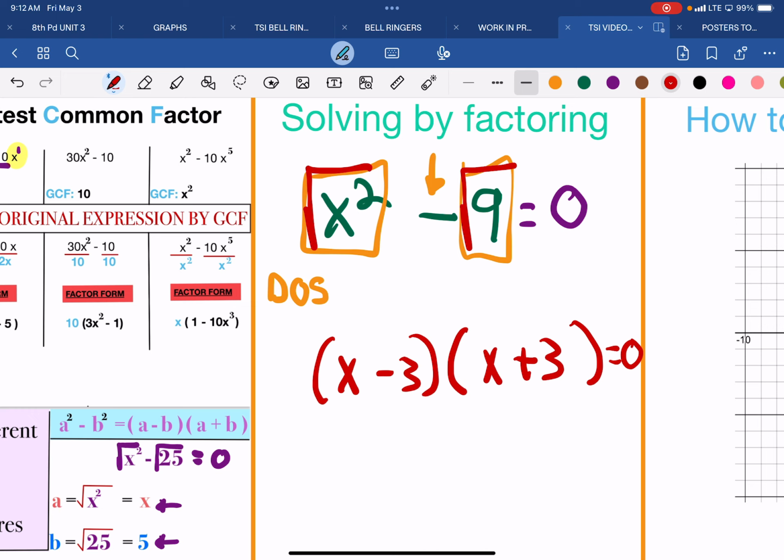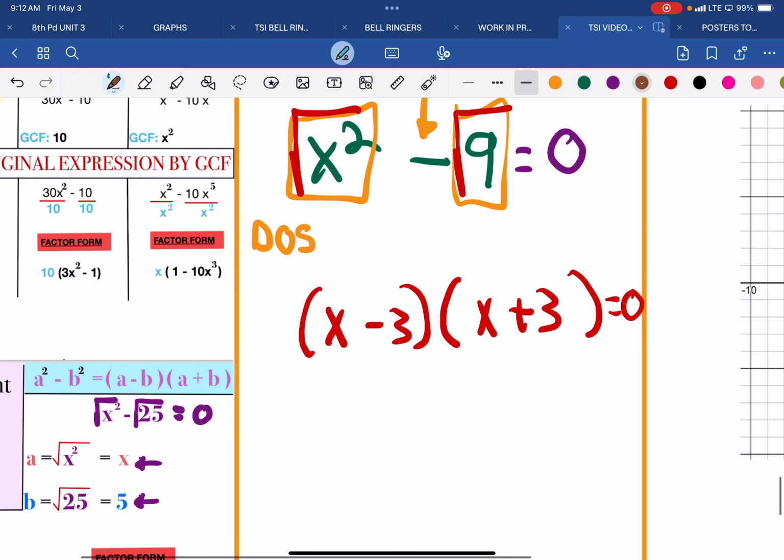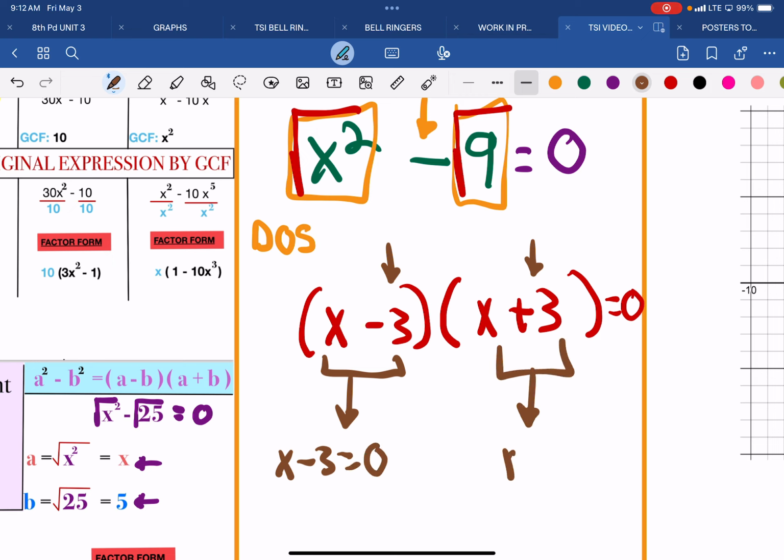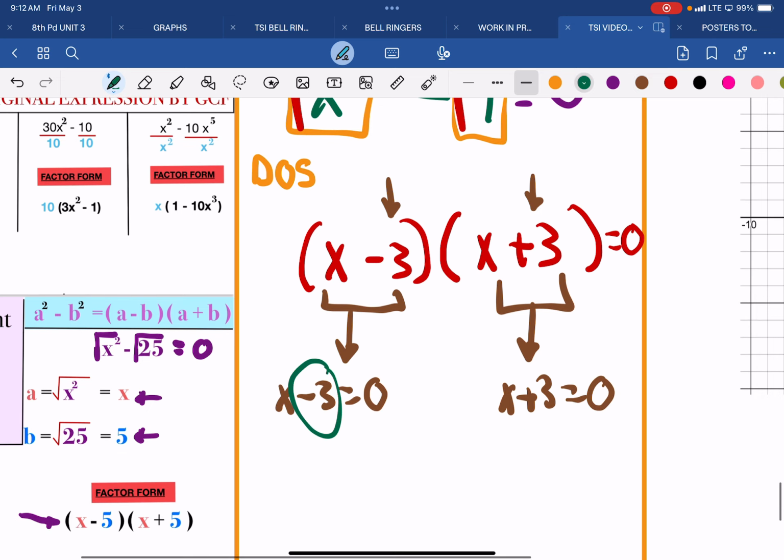And then we're going to find the solutions. How do we find solutions? Very important: these are not my solutions, guys. Not yet. These are my factored forms. In order to find solutions, we put each factor equal to what? 0. And then we solve for x. Let's go ahead and solve. We're going to move that minus 3 to the other side. It is plus 3.